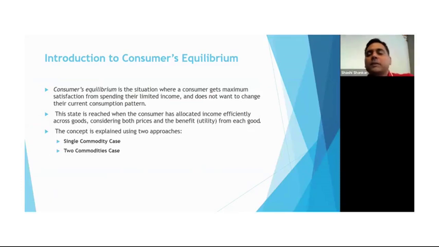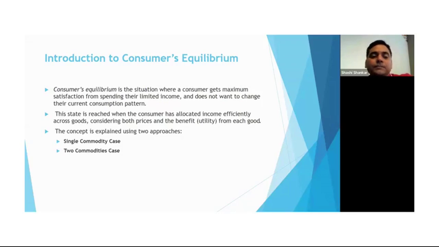So equilibrium is the point, or the position, at which the consumer gets maximum satisfaction. Even though they are getting the maximum satisfaction, they don't want to change their current consumption pattern.